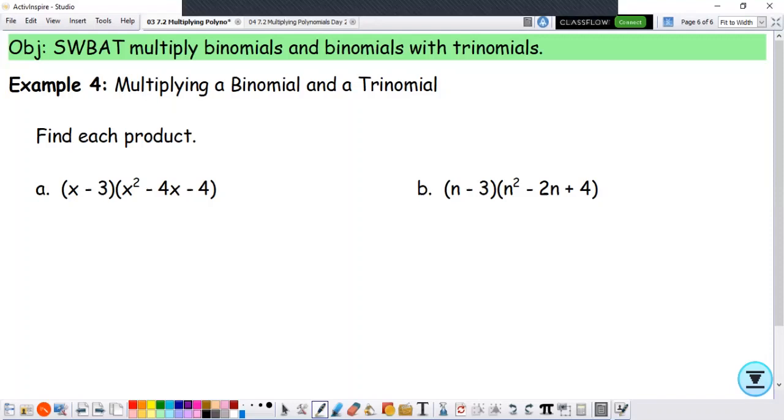I'm going to start with the area model. So I have one polynomial that's a binomial, has two terms. So I'm going to have two rows. And I have a trinomial, so that's three terms. So I need three columns.